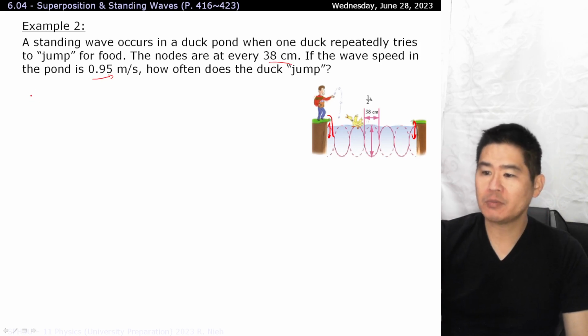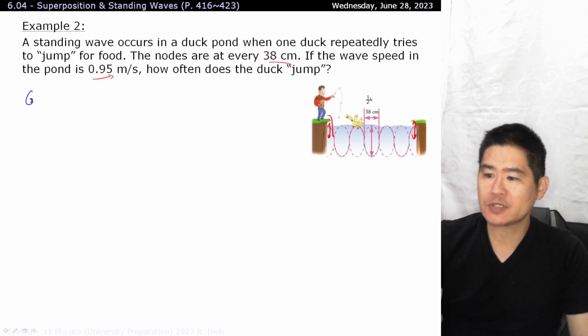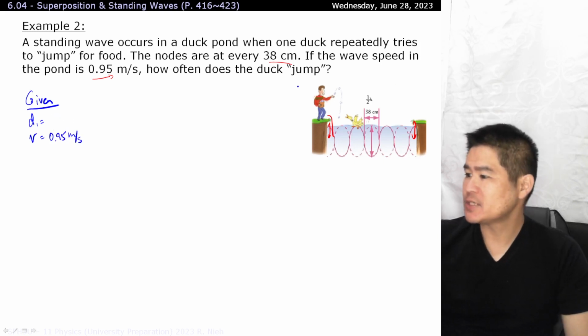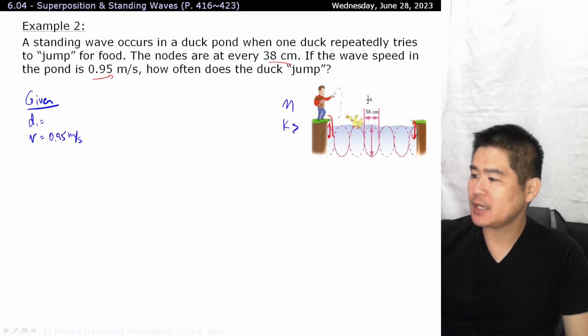As this is a word problem, we always start off with our givens. So the distance between one set of nodes is equal to 38 centimeters. And the speed of the wave is 0.95 meters per second. Once again, make sure you stick with MKS units.